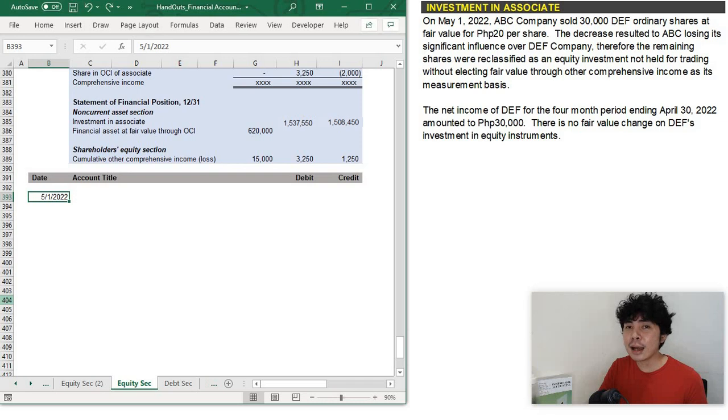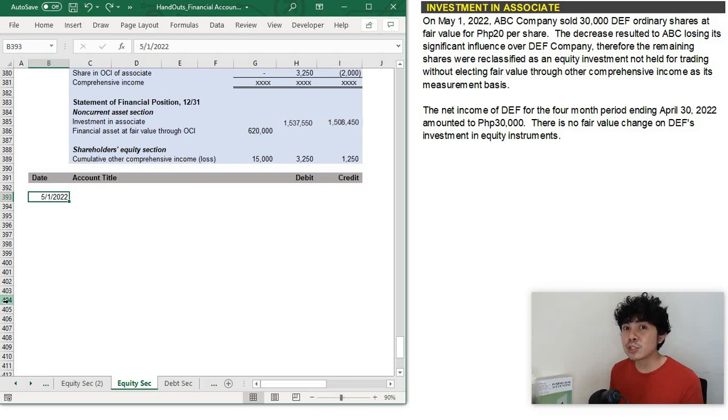And again, ang change in the shareholders' equity ni associate will be coming from its comprehensive income. So, since wala namang dividend declaration si associate during those 4 months, so walang dividend na nakaapekto sa equity ni associate, so wala ring dividend na makakaapekto sa investment in associate na account.